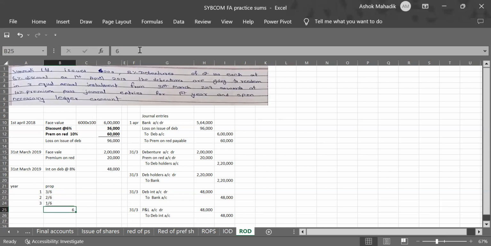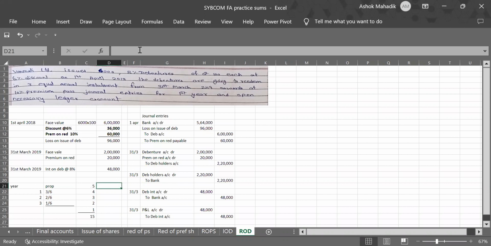What if the debentures were to be written off over a period of 5 years? Then it would have been 5, 4, 3, 2, 1, and we would have taken the total: 5 plus 4 is 9, plus 3 is 12, plus 2 is 14, plus 1 is 15. The total is 15. So to write off the loss, that 96,000 or whatever figure, you first write down the years in reverse order, 5, 4, 3, 2, 1, and that becomes the proportion.